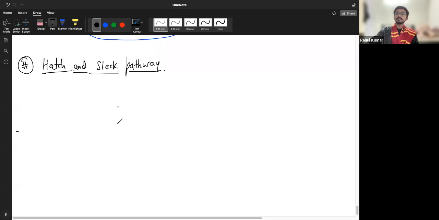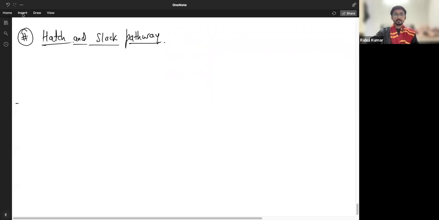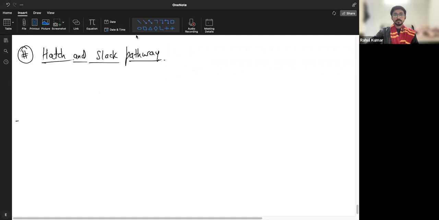Now what happens in the Hatch and Slack pathway? There are two types of cells in C4 plants. I'm making cells as very... can I insert shapes? Okay, no. Oh yes, I can insert it.